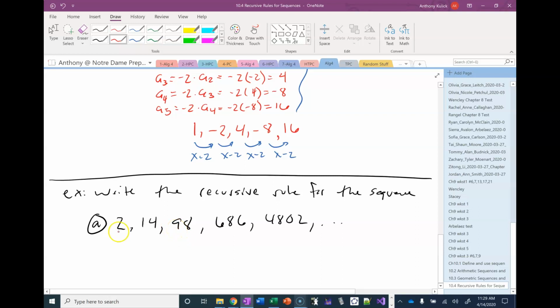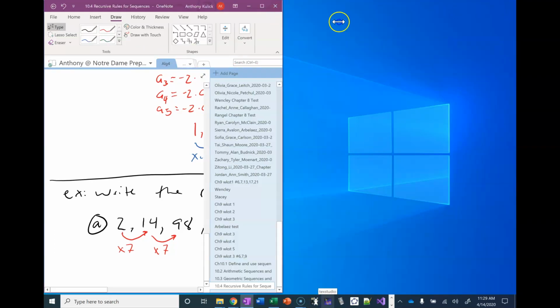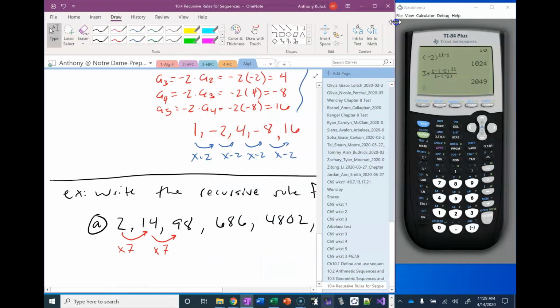So maybe it's geometric. To go from 2 to 14, we multiplied by 7. To go from 14 to 98, we multiplied by 7. Maybe you don't know that multiplication right off the top of your head, but it's easy to check with your calculator. All I need to do is check to see if 14 times 7 gives me 98. It does.